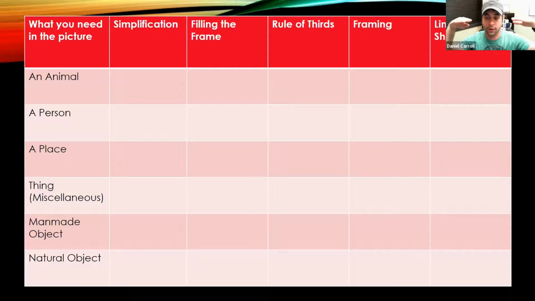You have horizon here for 2/3 of ground, and then 1/3 is sky. So that could be a natural scene. And then framing, again, there's some kind of focal point where something is outlining what you're taking the picture of. And then lines and shapes, where something is drawing your vision to the focal point of the picture.